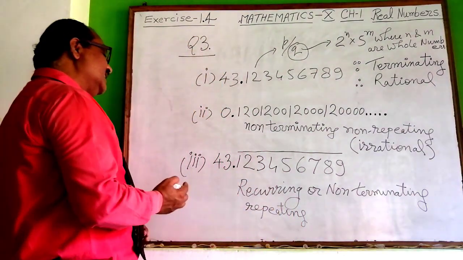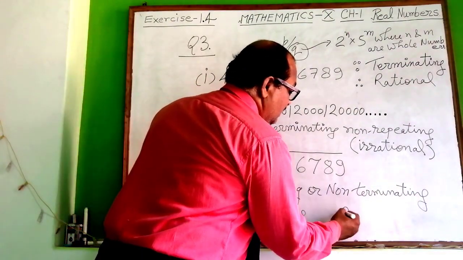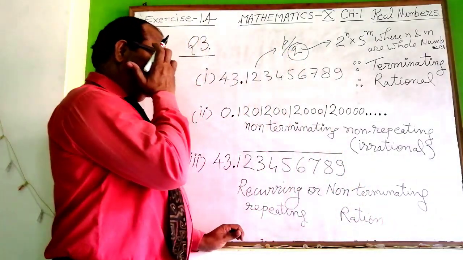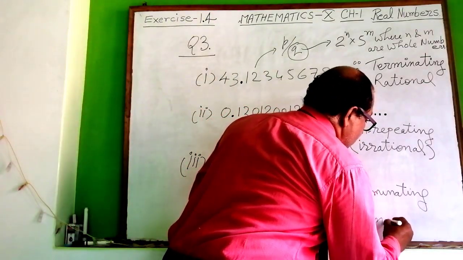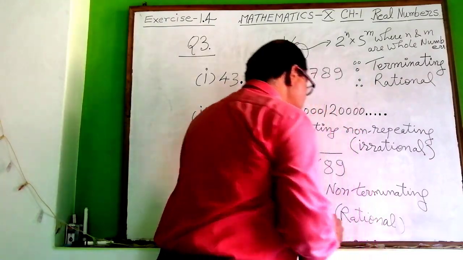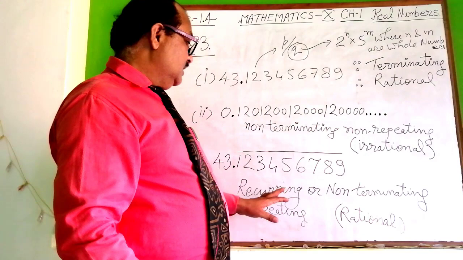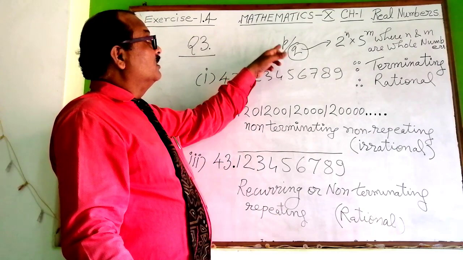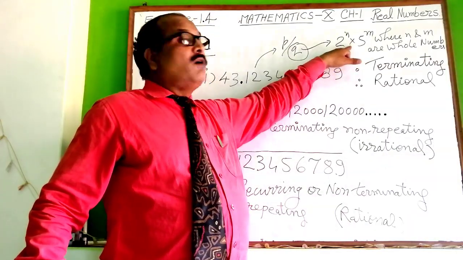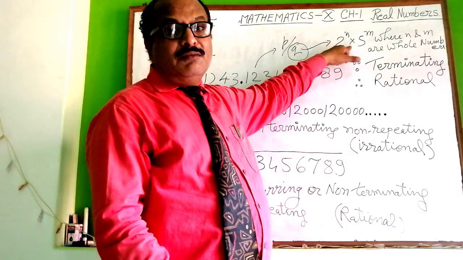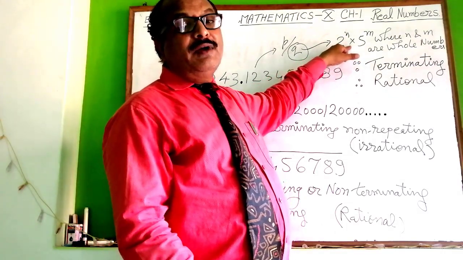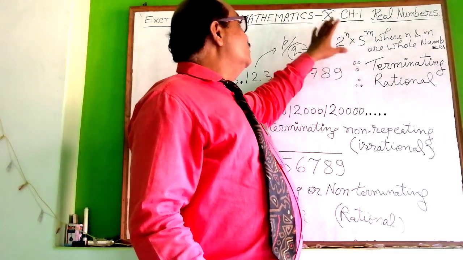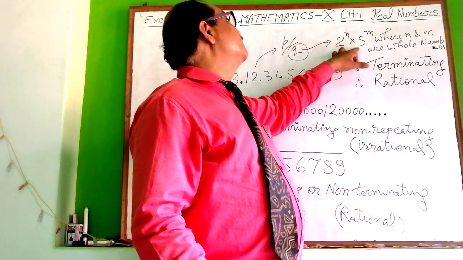So you can easily say this number is rational, because in the beginning I illustrated the definition. This number is rational, but if you write this number in the form p upon q, it will not be of this form. Because it is asked whether the denominator will be of the form 2 to the power n into 5 to the power m or not, your answer will be no. Its denominator will not be in this form.